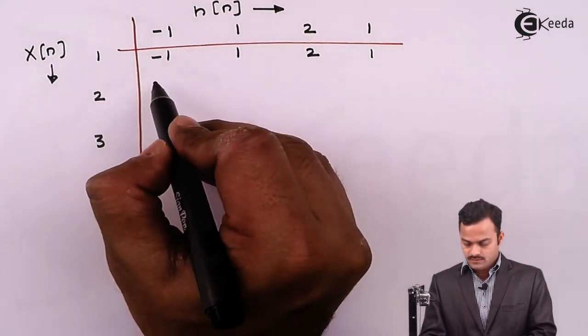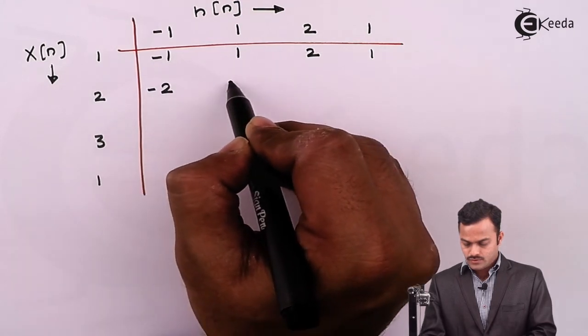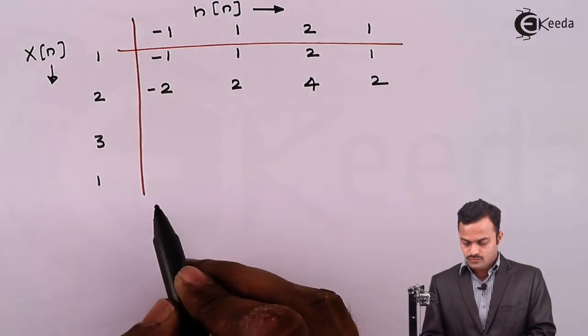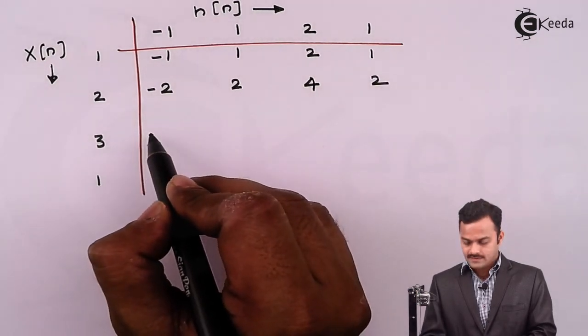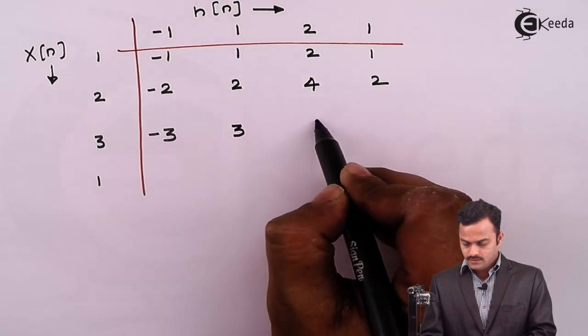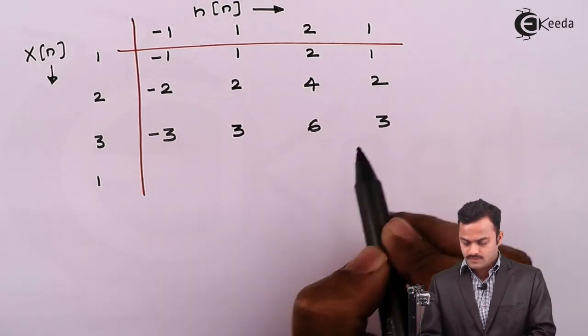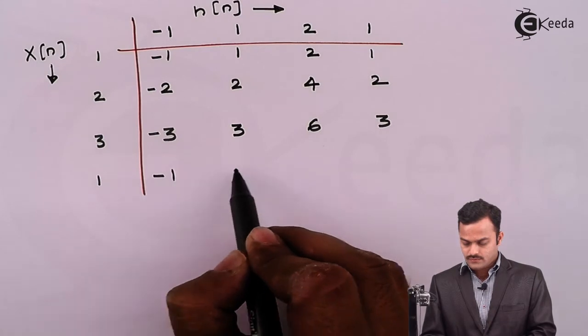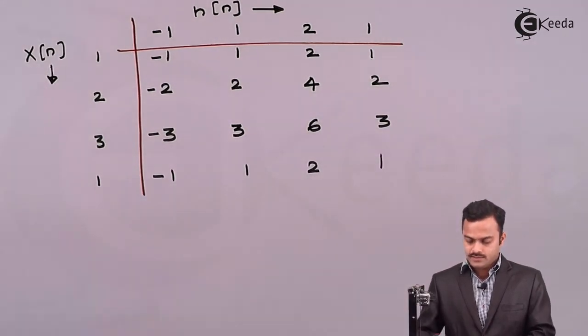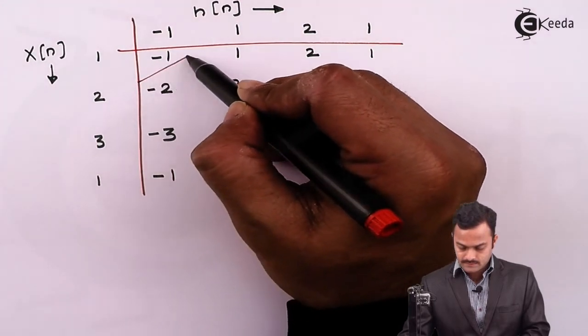Then over here -2, 2, 4, 2. Then next is -3, 3, 6 and 3, and finally -1, 1, 2, 1. Next step, we need to segregate this.